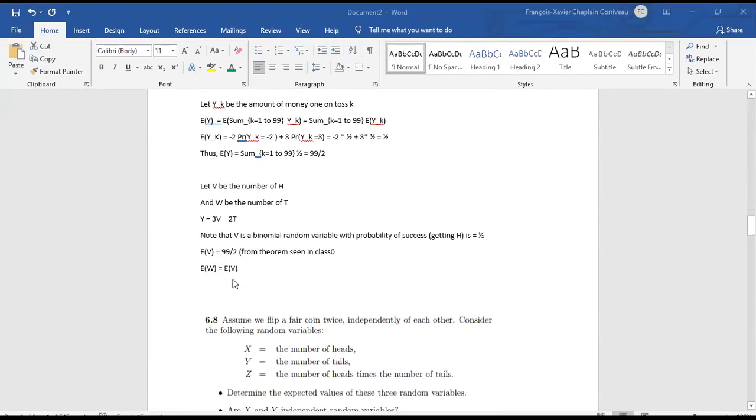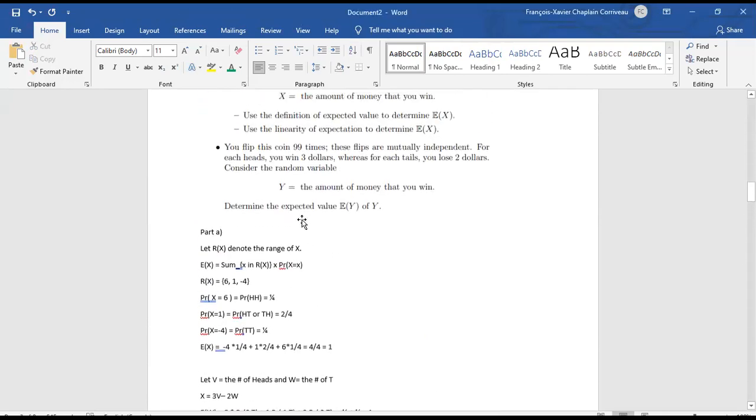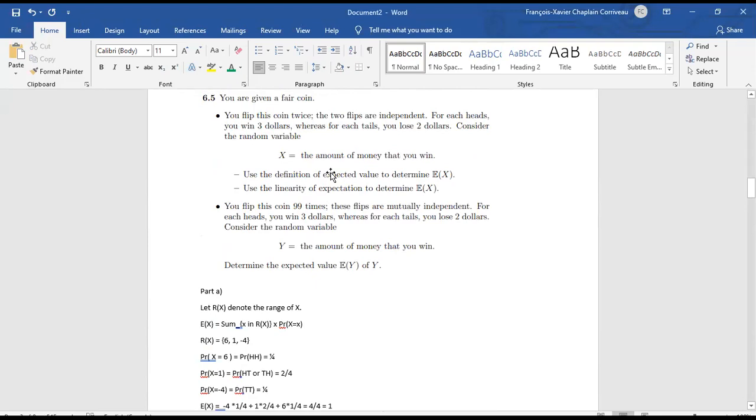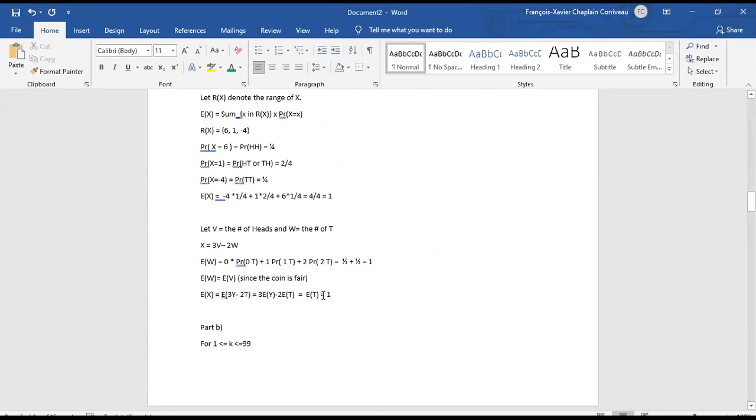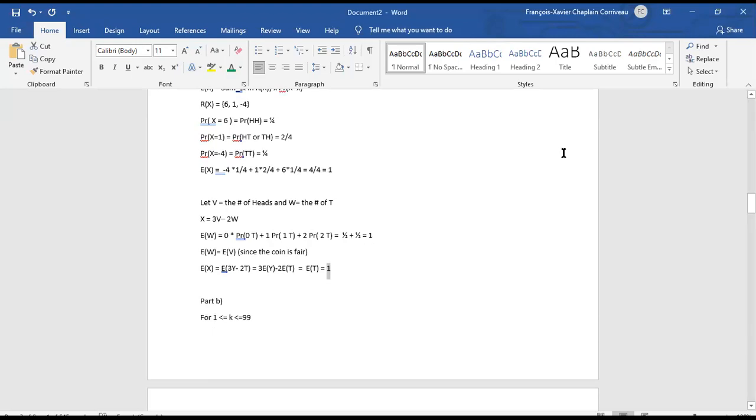Here we found the expected value of the money that I win for two flips. If I want it for one flip, I can take this expected value that I found and divide it by two. So the expected earning for one roll is half, and then you multiply it by the number of rolls. That is a fair thing to do.